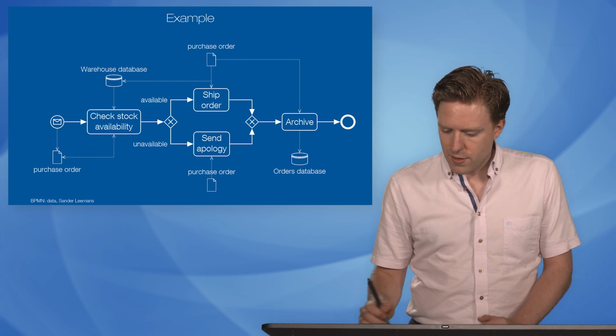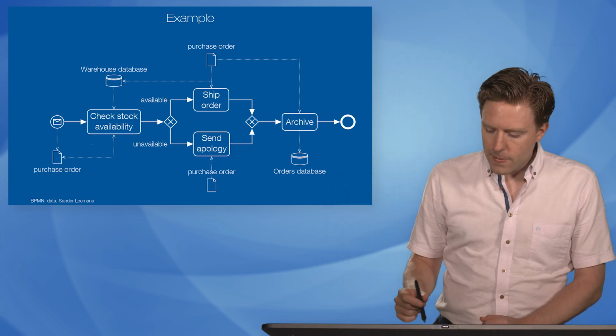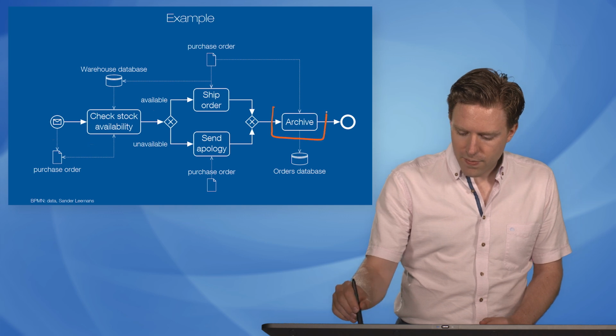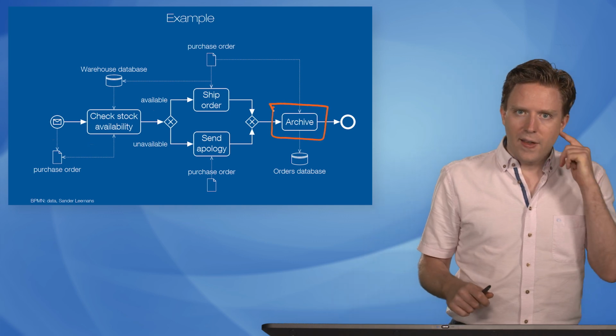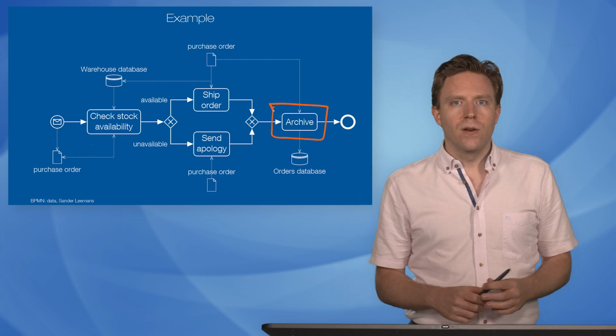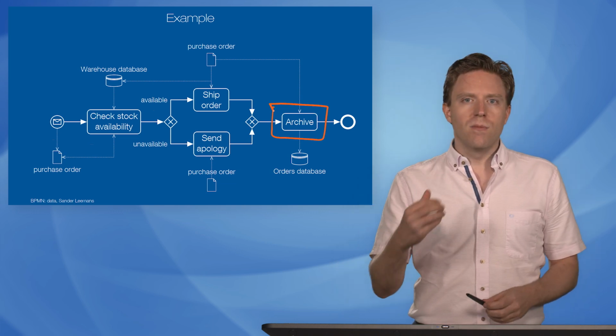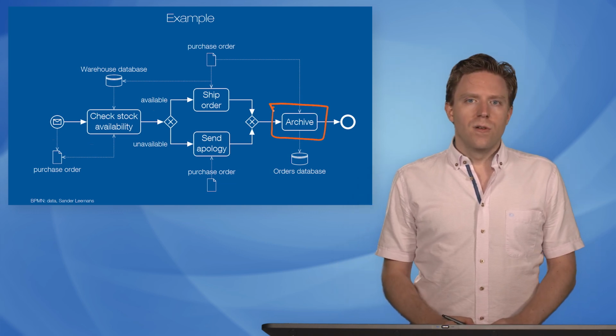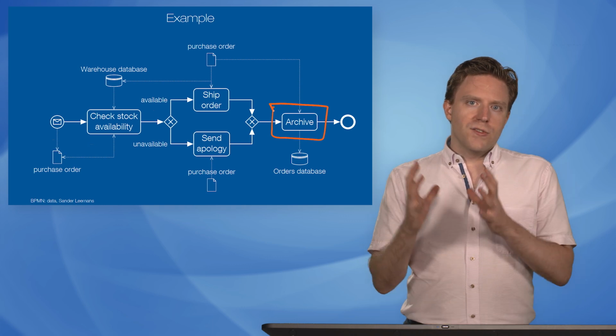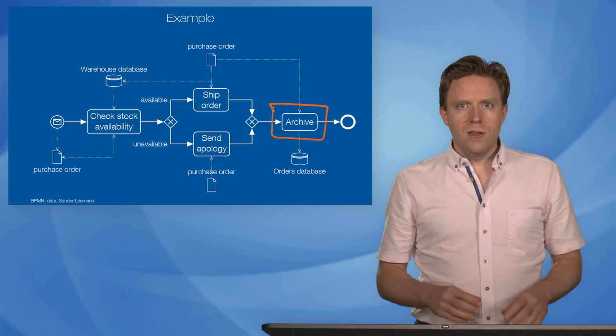Finally, there is an archive step, and an archive step is a bit of a technical thing from older times. What the archive step does is it takes the purchase order.